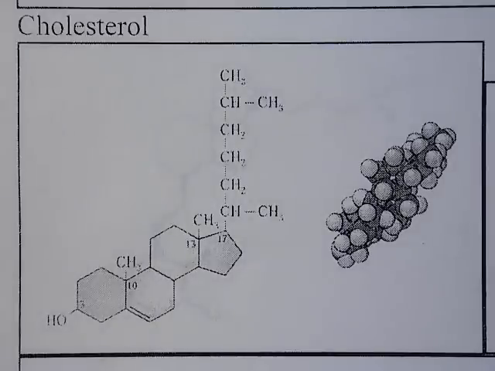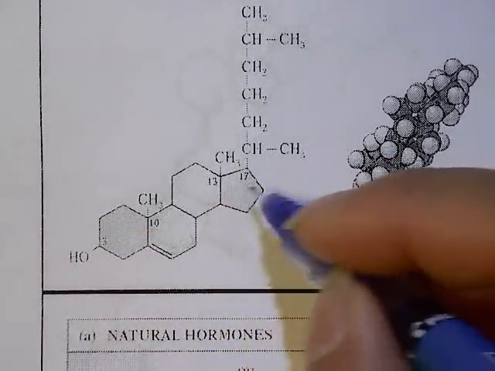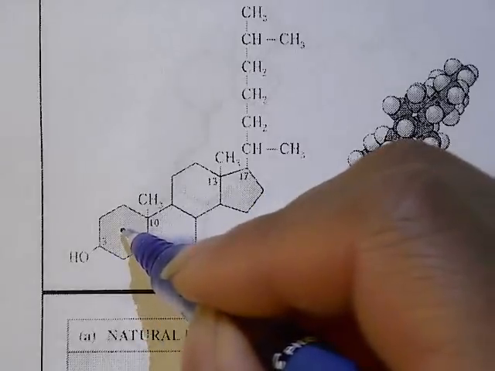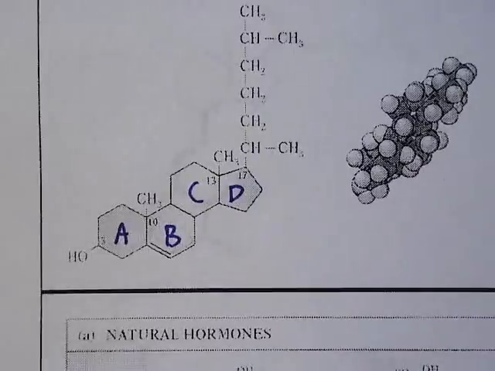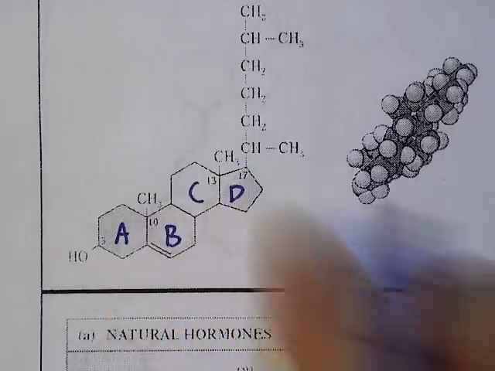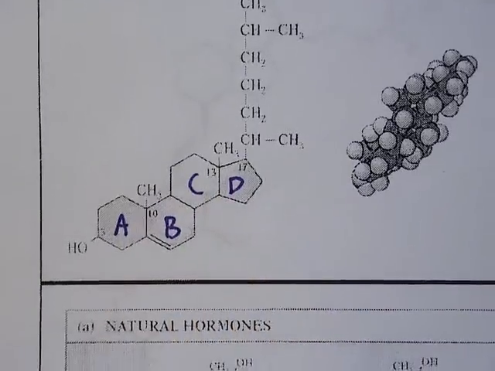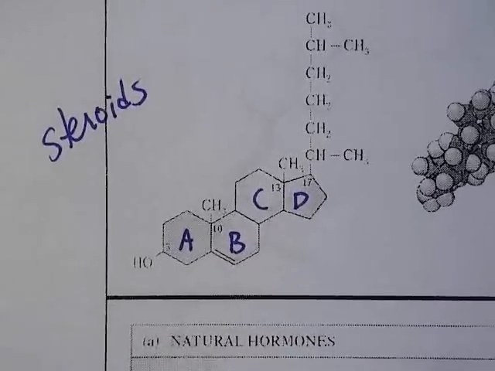Cholesterol is one of these types of compounds, and you see four rings fused together, three 6-membered rings and then a 5-membered ring, given the A, B, C, D notation for these fused rings. Any compound that has this A, B, C, D fused ring belongs to a class of compounds called steroids. And cholesterol is one of them.